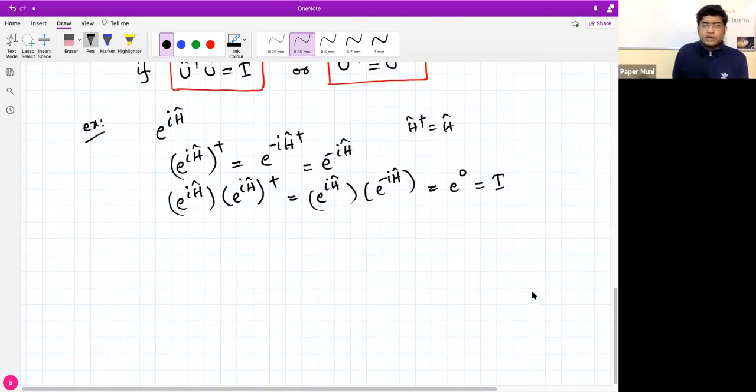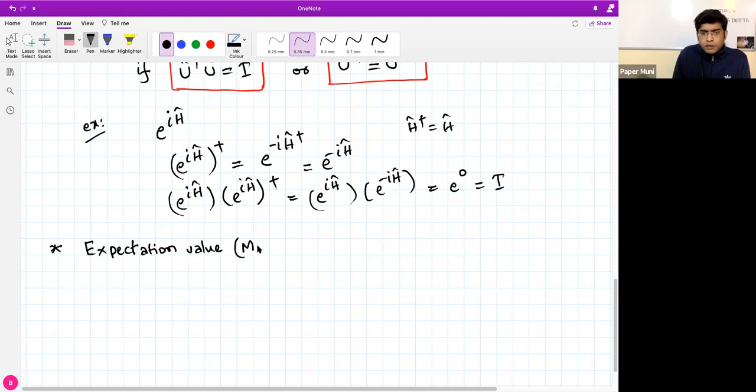So this was a question of what kind of operator it is. Now the next thing is we'll learn about the expectation value, or the mean value, or average value.